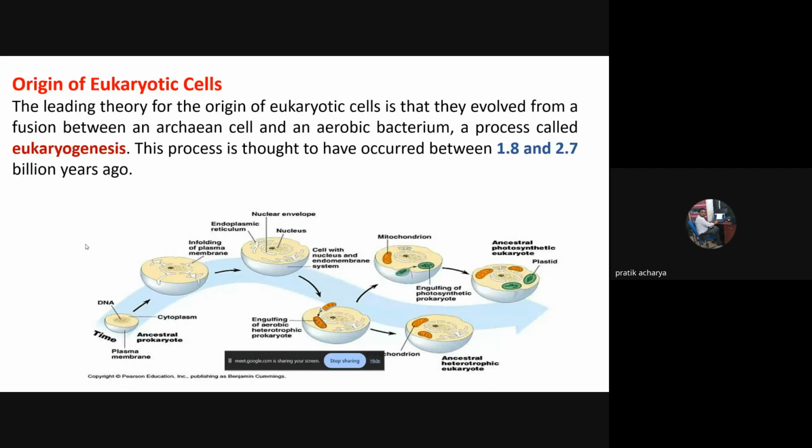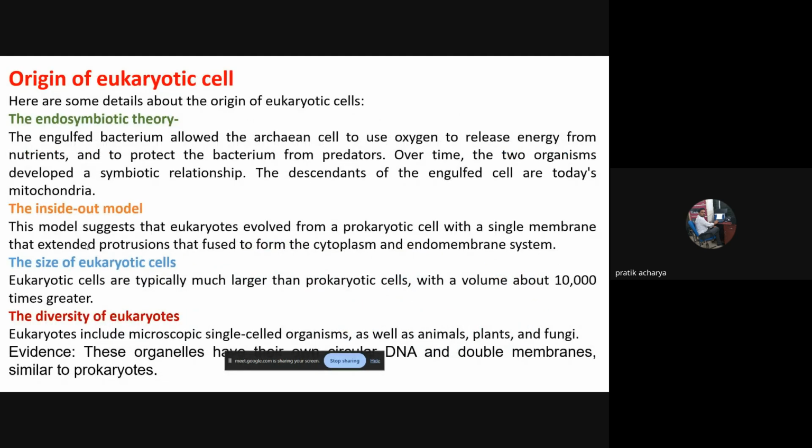So this is the pictorial presentation of eukaryogenesis. How the eukaryotic cell evolved. How eukaryotic organisms developed from different concepts. So this theory, endosymbiotic theory, what does it explain?